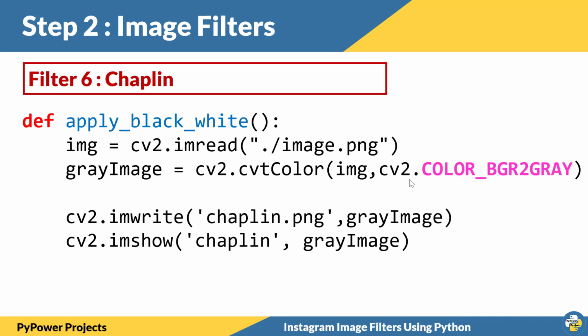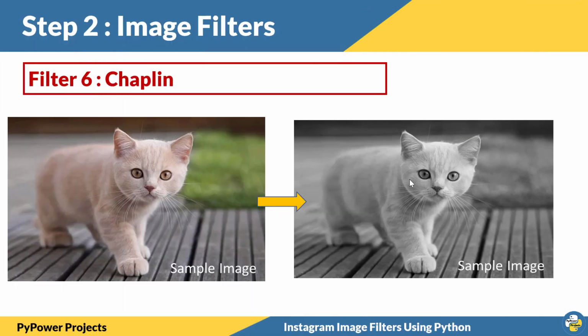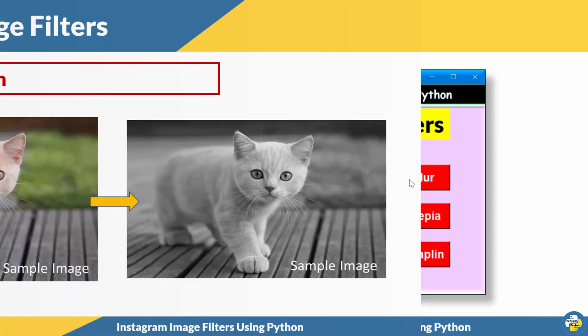So here your image is now converted into black and white, that is a grayscale image in terms of the OpenCV library, and it is now stored in the local file chaplin.png and shown. So this is the output of the Chaplin filter when it is applied.